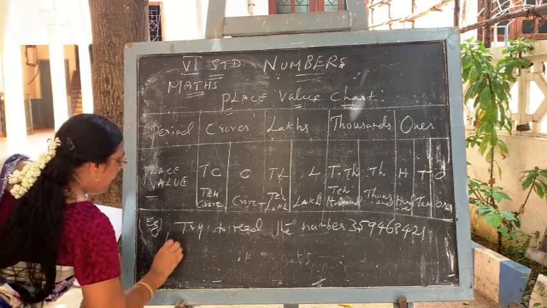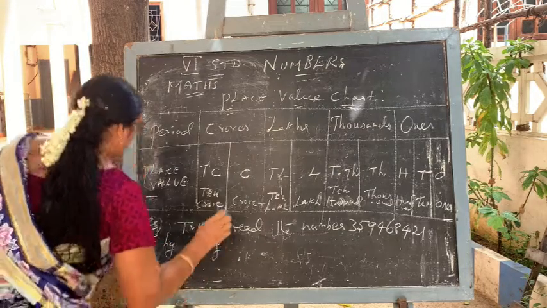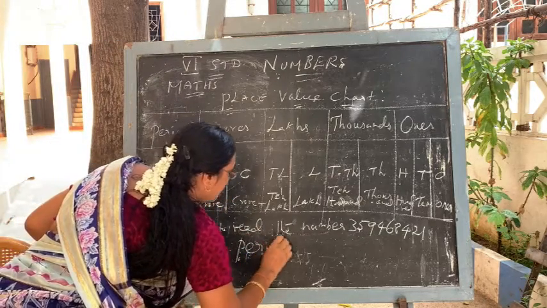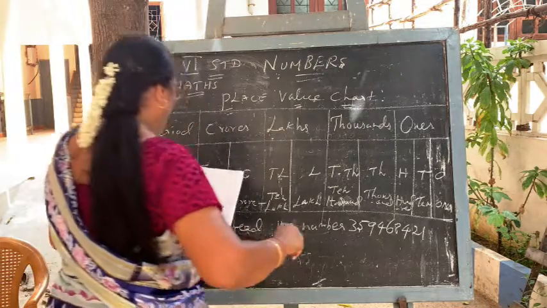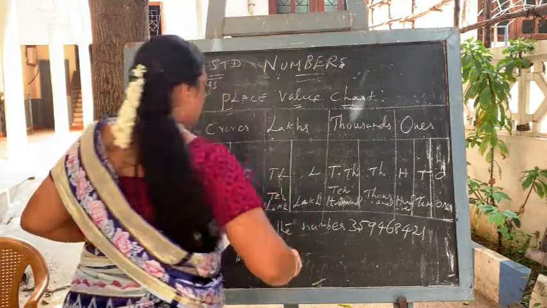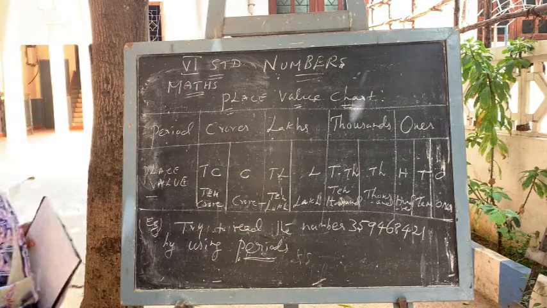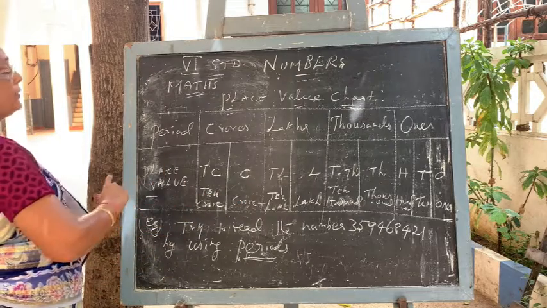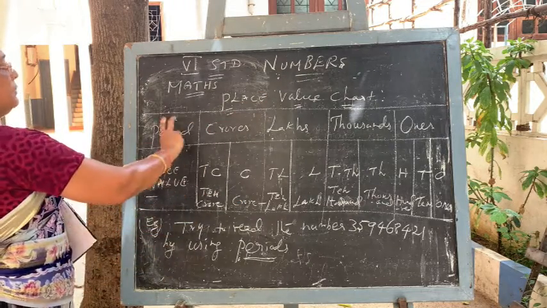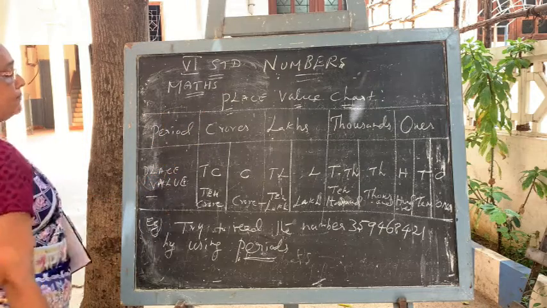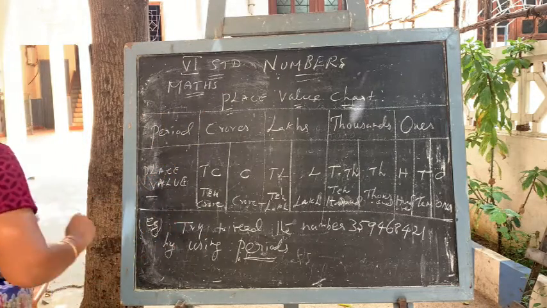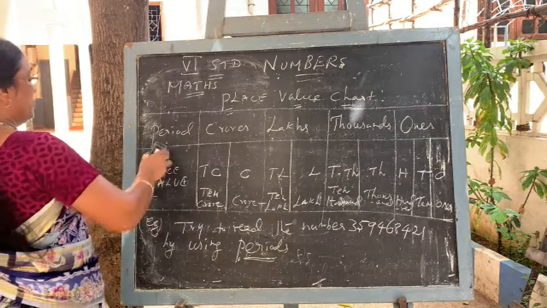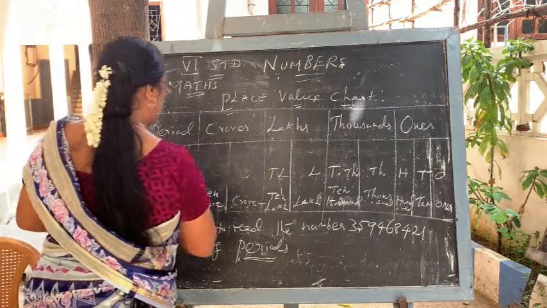By using periods. Then it will be very easy to do. So first of all, if the sum is given like this, you have to open the periodic place value chart like this. Then you have to substitute the numbers there. I am going to open this.